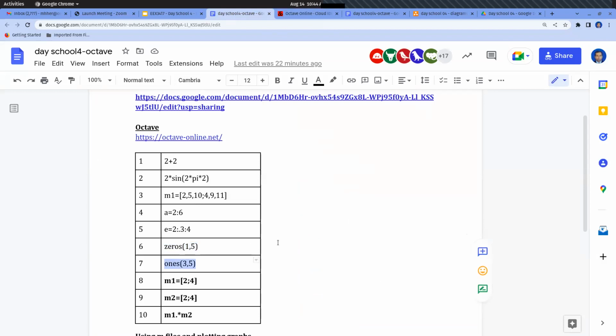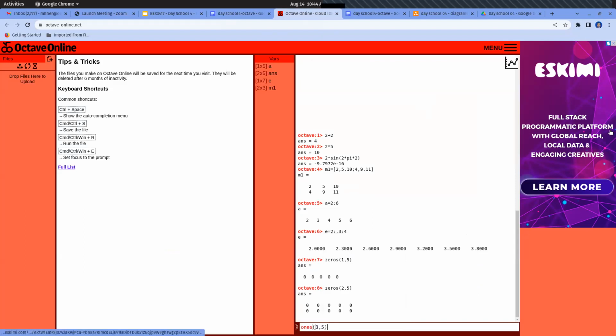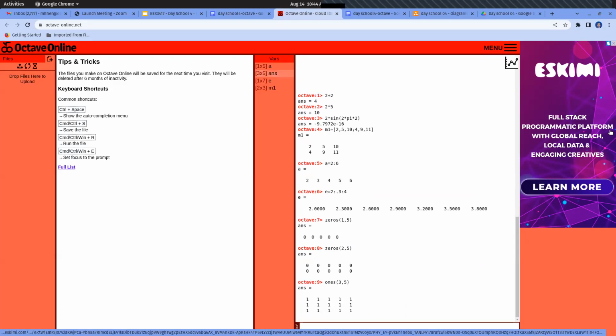Here, ones: you can get 3 rows, 5 columns of ones.